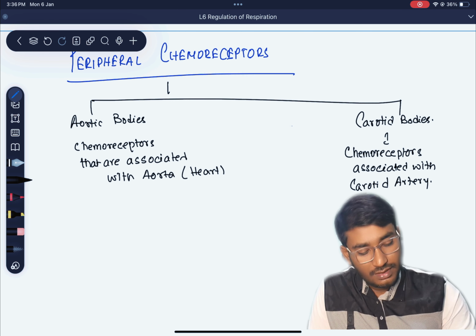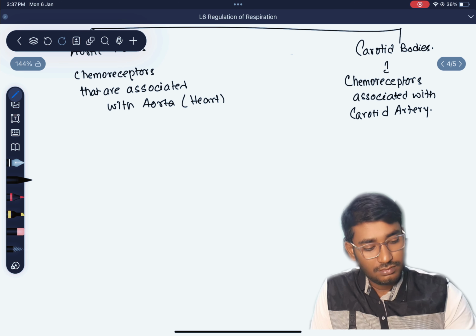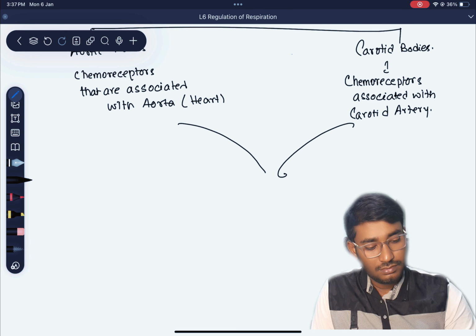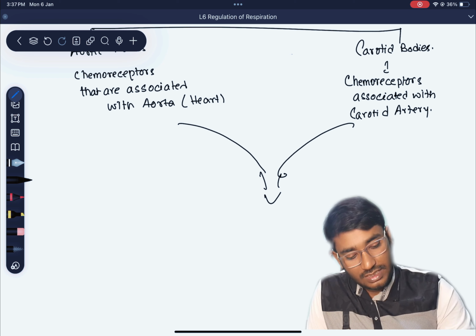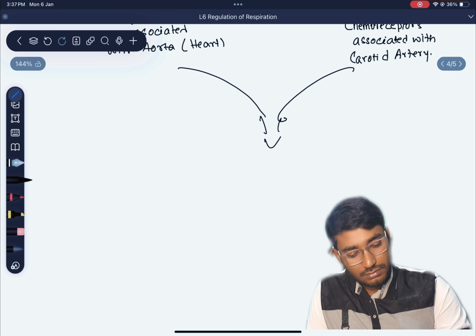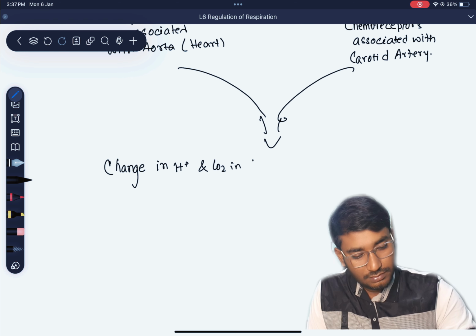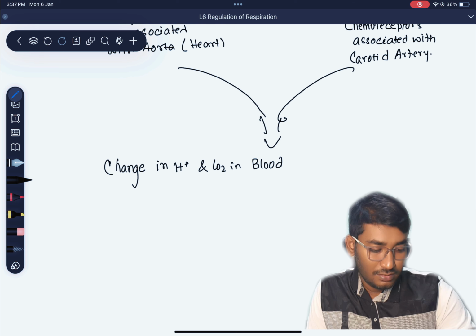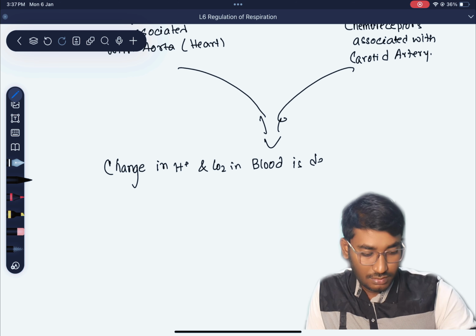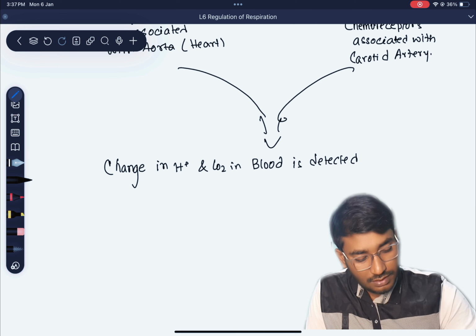Okay, now what happens? Change in H plus and CO2 in blood is detected by them.